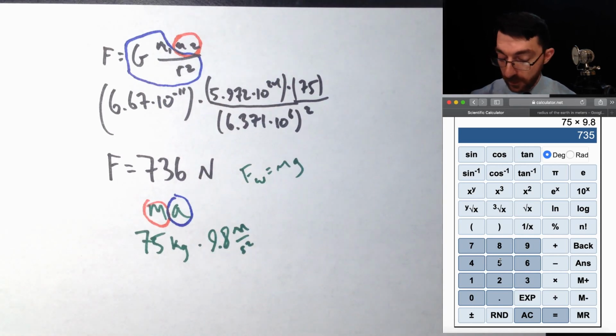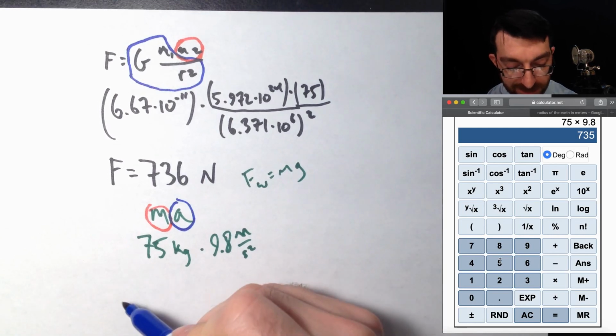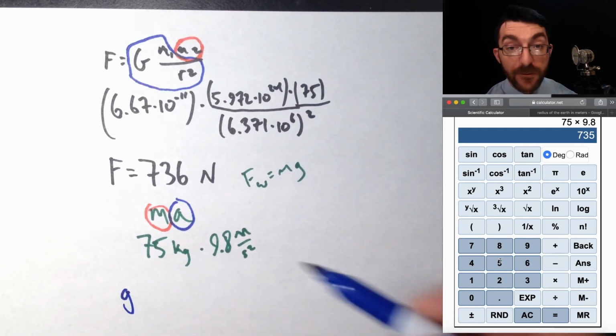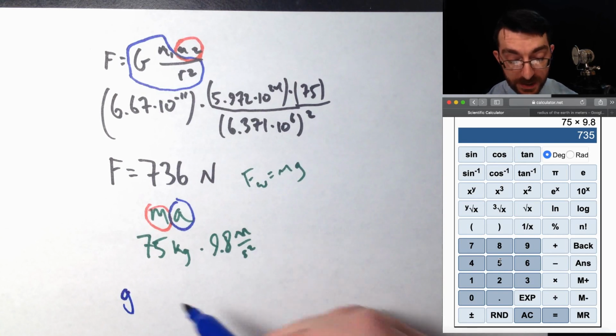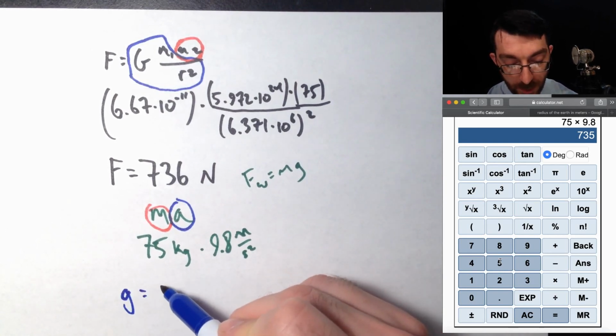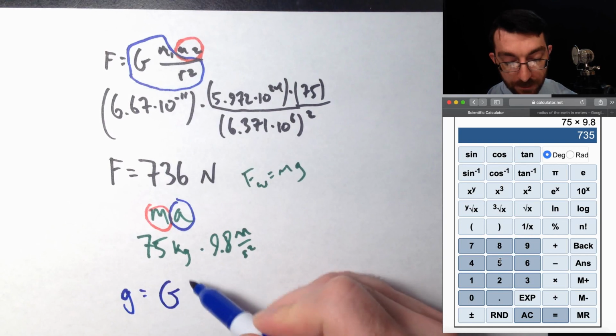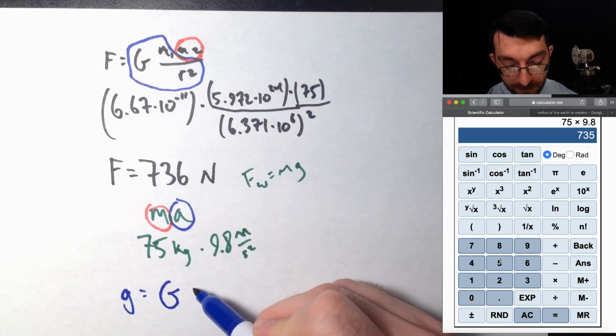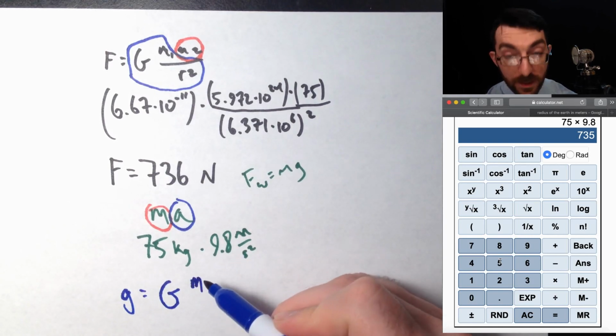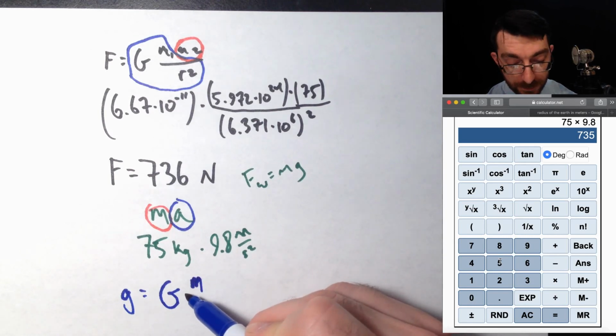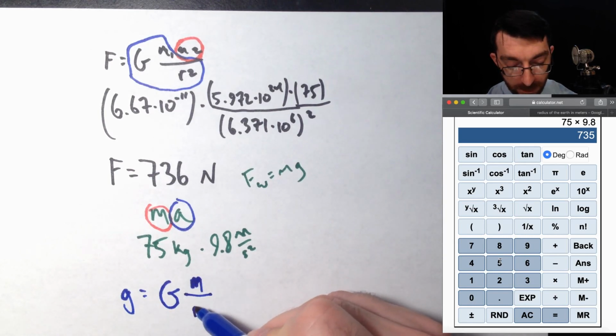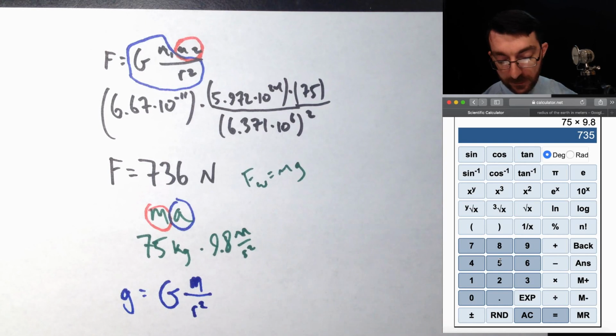Or, if I could write this one more time, the acceleration due to gravity, I could just write a lowercase g, is equal to Newton's gravitational constant, big G, times the mass of the planet divided by the square of the distance. Now, that is a lot simpler, isn't it?